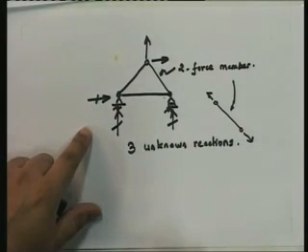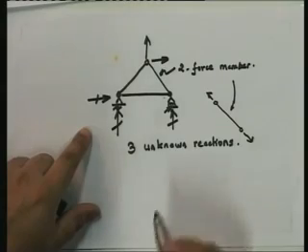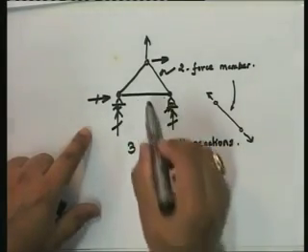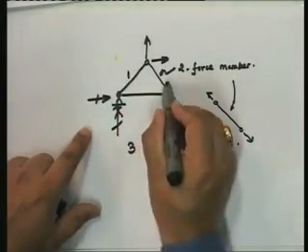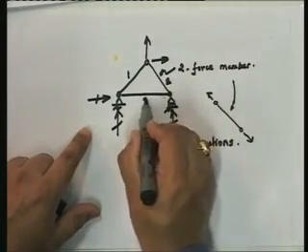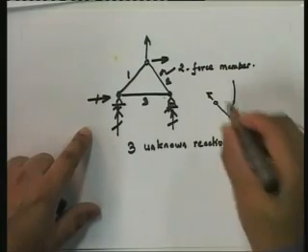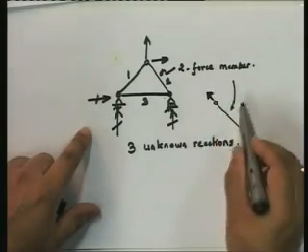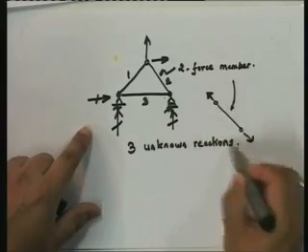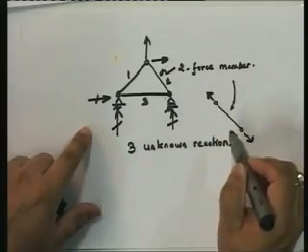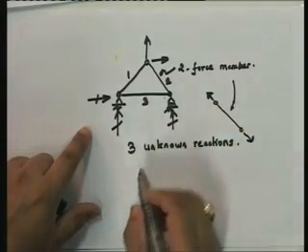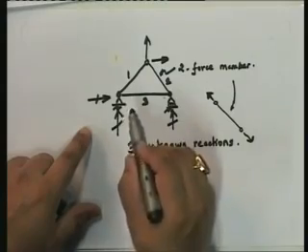What else don't we know? Well, how many members do we have? 1, 2, 3 members. Now, each member has only the axial force in it. In other words, for each member, we have one unknown internal force.